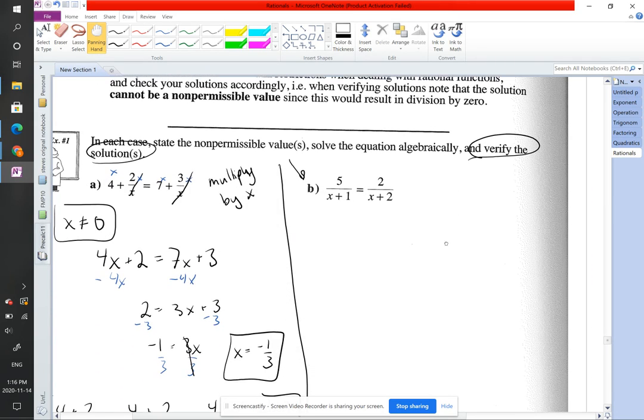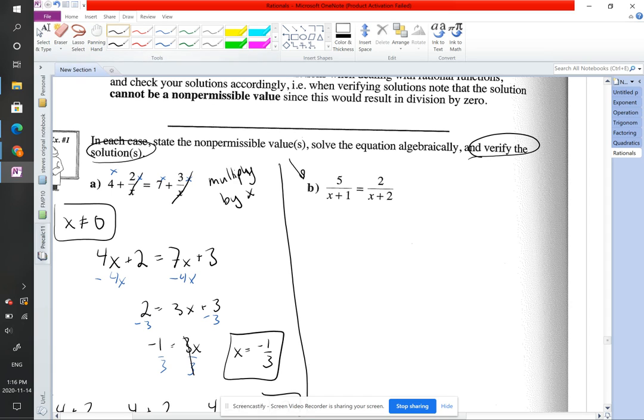So what we can do is use cross multiplication, which means we're going to multiply 5 by that denominator and 2 by that denominator, so that we get 5 multiplied by x plus 2 is equal to 2 multiplied by x plus 1. We want to state our non-permissible values before we do anything. So x cannot equal negative 1 or negative 2.